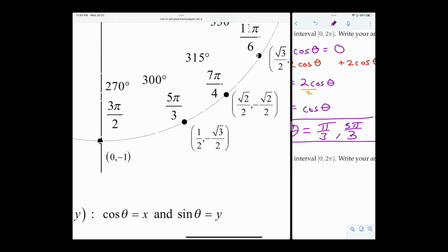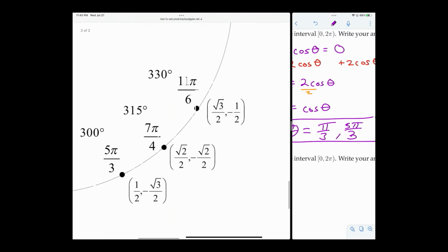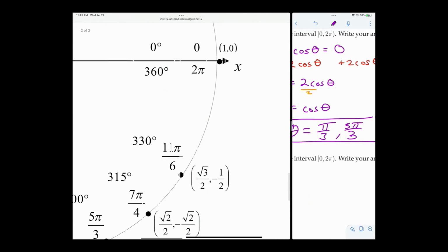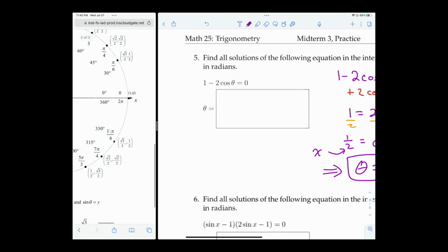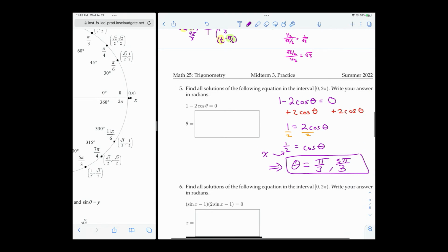So that's the other place where the cosine will be equal to 1/2. And that's one full revolution between 0 and 2 pi. And so we're done. So when you don't have a tangent or something, it's a much simpler problem when you get to the point of looking for your answers on the unit circle.